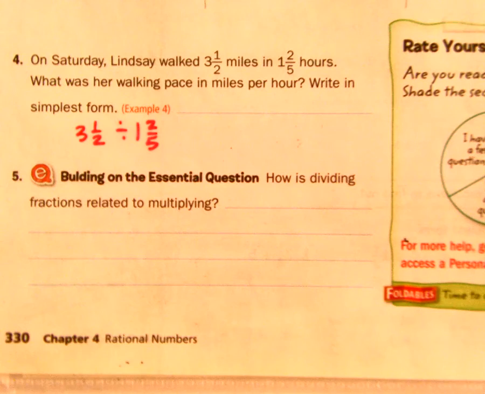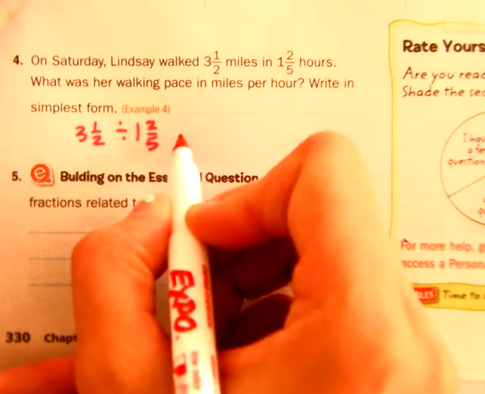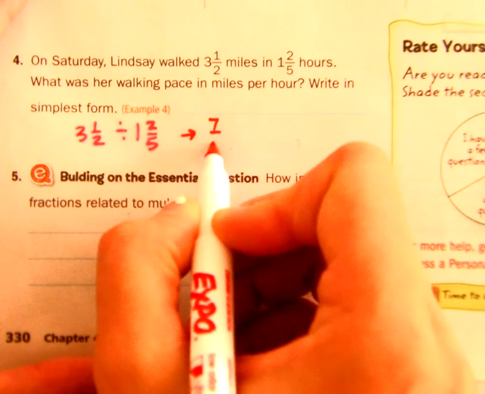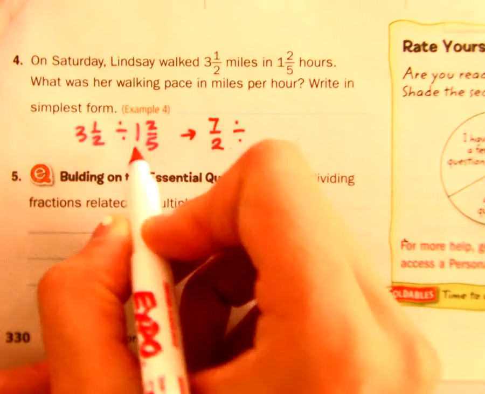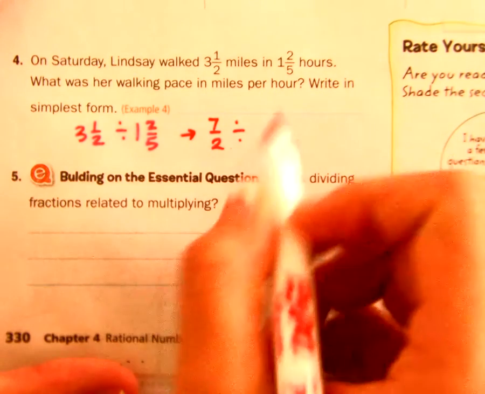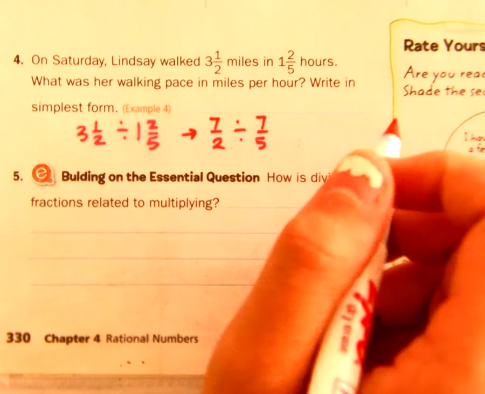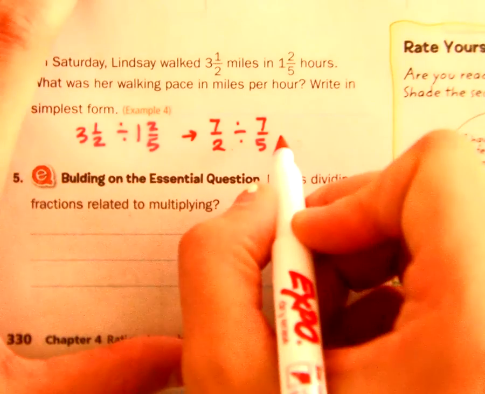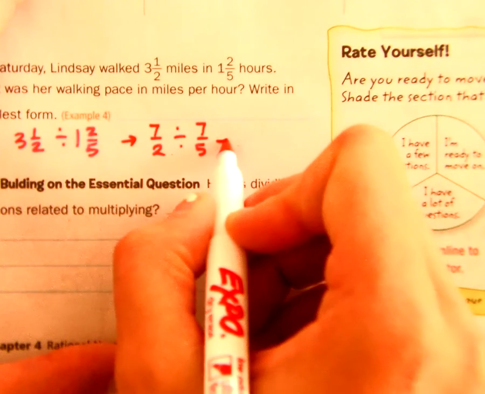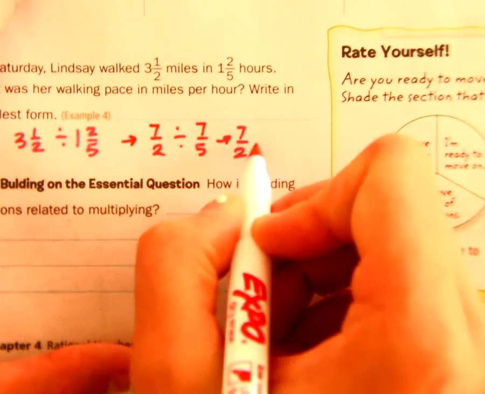Okay, so since I have 2 mixed numbers, I need to make them improper fractions. So 3 1/2 becomes 7/2. Divided by 1 2/5 becomes 7/5. Now that I have improper fractions, I can go ahead and multiply by the reciprocal. So 7/2 times 5/7.